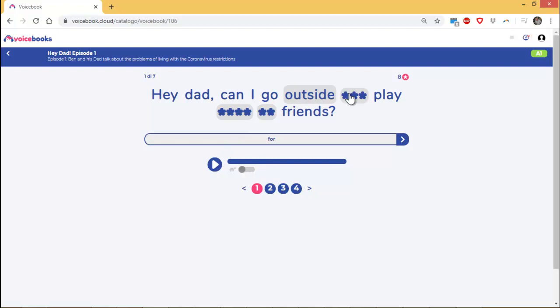But I can't understand this word. I tell you what, I will slow it down. Use the tortoise. Let's listen to this. Hey, Dad, can I go outside and play with my friends? Play with my friends?